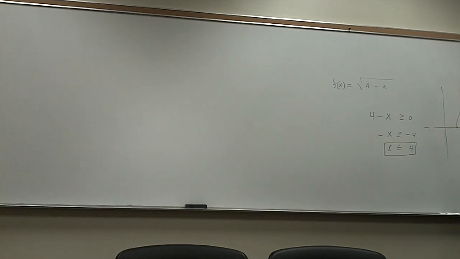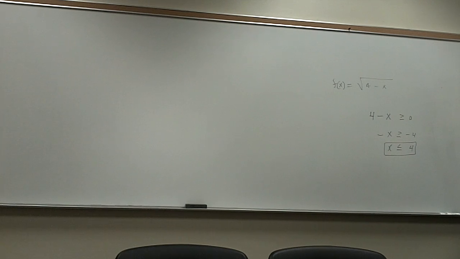Now, the range sometimes is sort of difficult to find. That's why I didn't ask you to find the range on this one over here. What about the domain on this one? All real numbers.